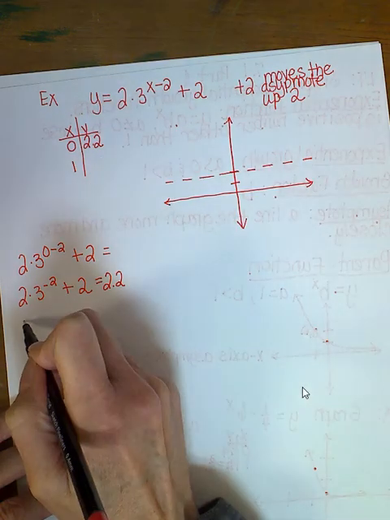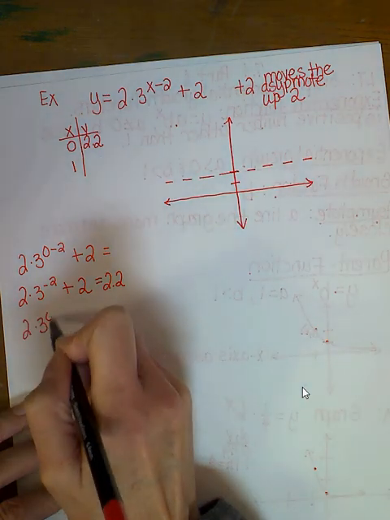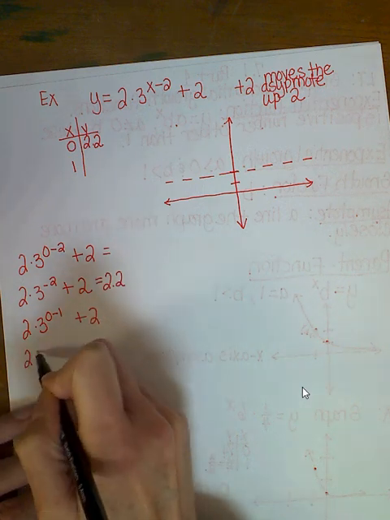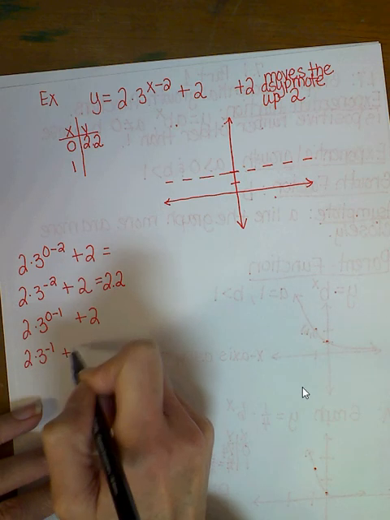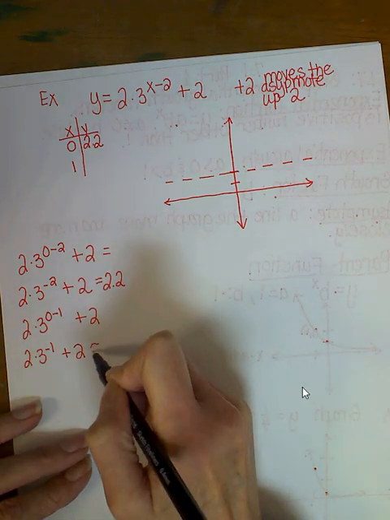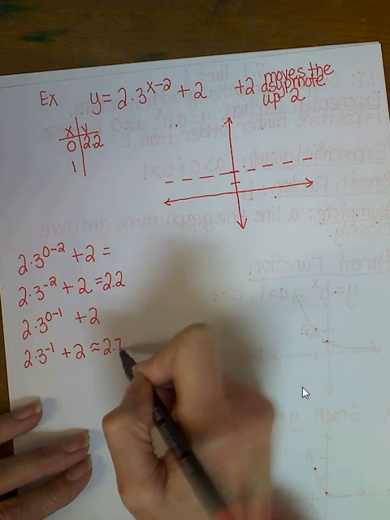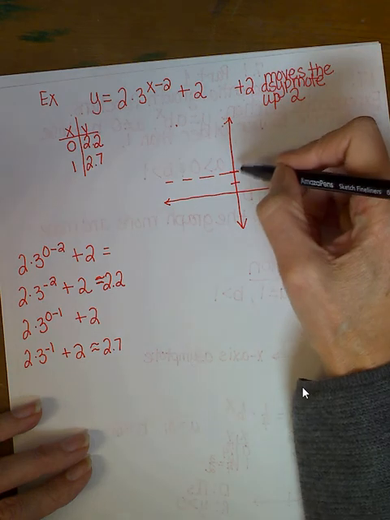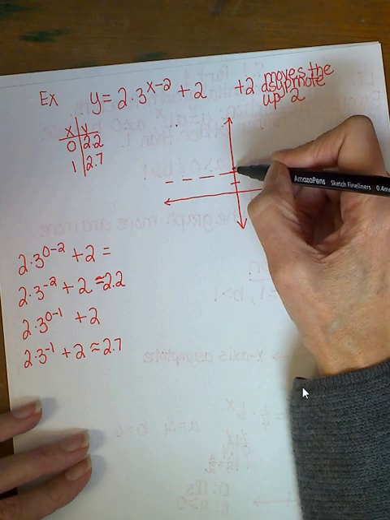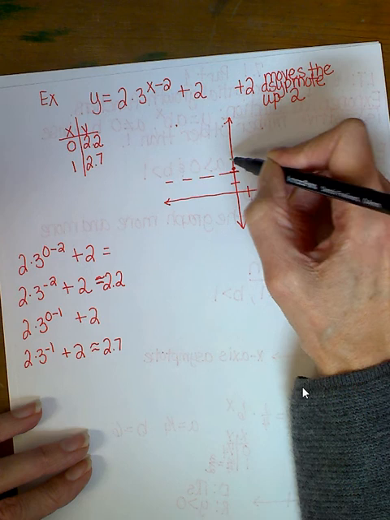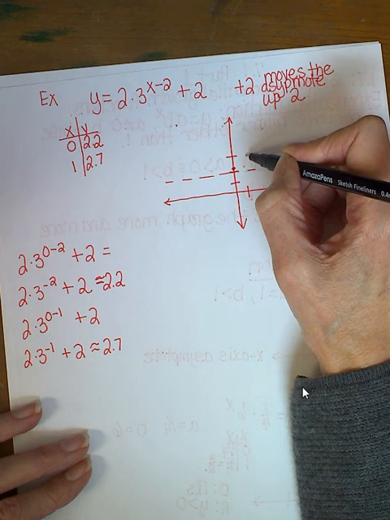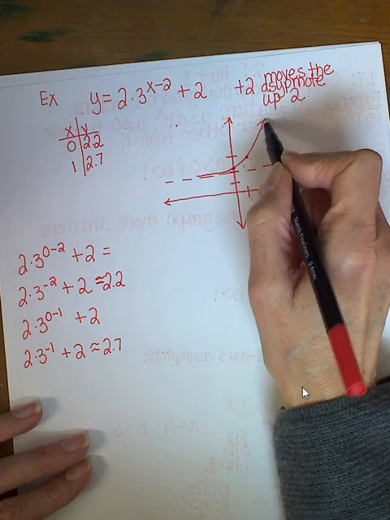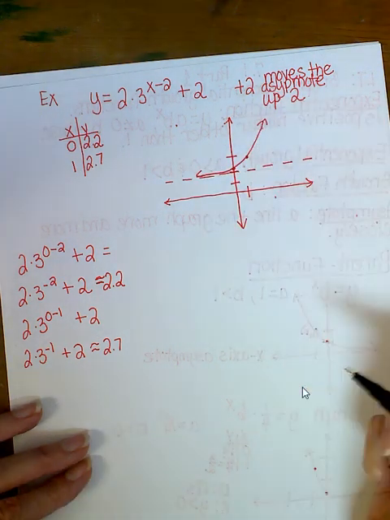If I plug in 1, I would have 2 minus 1, and that would be 3 to the -1 power plus 2, which is approximately 2.7. And this, I also rounded on this one. Okay, so at 0, I'm just a little bit above 2, and at 1, I'm just a little bit under 3. Okay, but again, since we know the shape, don't cross that asymptote.